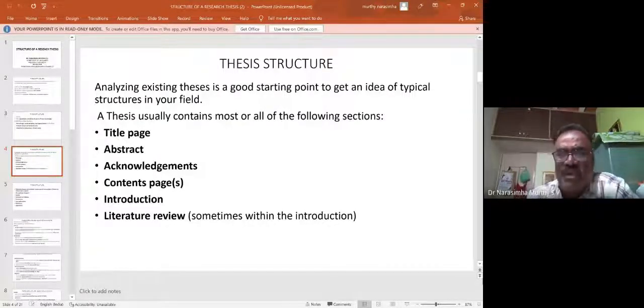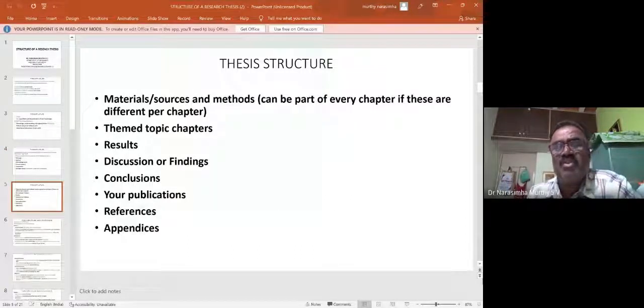Any thesis will have the following parts: a title page, an abstract, acknowledgements, content page or pages, introduction, literature review, which sometimes may come within the introduction, materials or sources or methods, themed topic chapters, results, discussions or findings, conclusions, your publications, references, appendices. So this is usually the structure of any good PhD thesis.